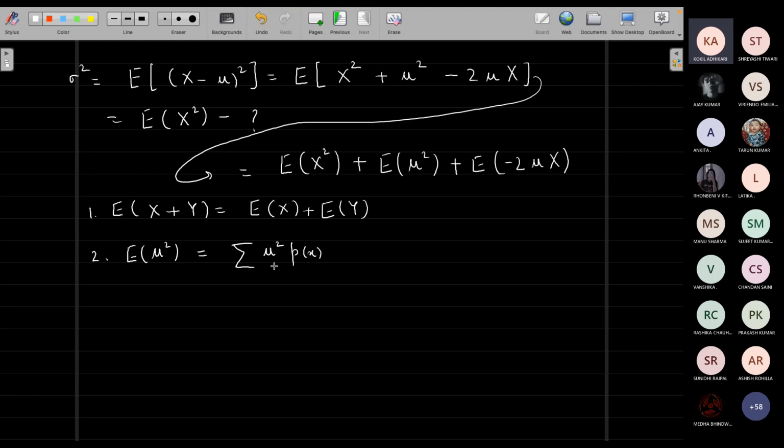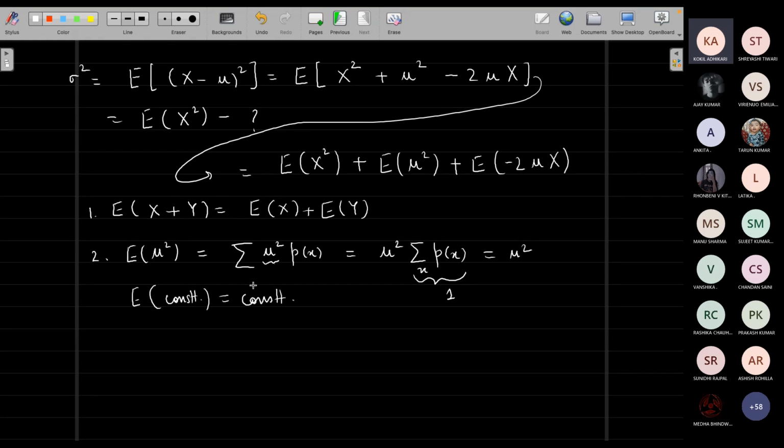So what will happen now? Expectation value of mu square: whatever is the argument will go here times px, but this mu square is independent of x. So I can write mu square summation px. And what is summation px over all x values? It is 1, because this is our probability mass function. So the expectation value of mu square, or of any constant, is the value itself.